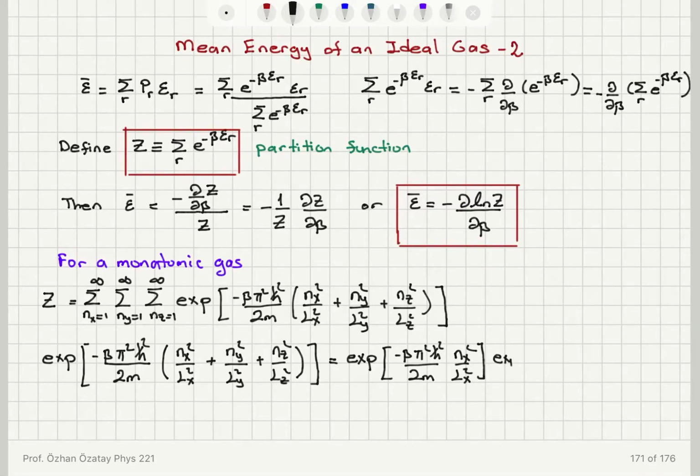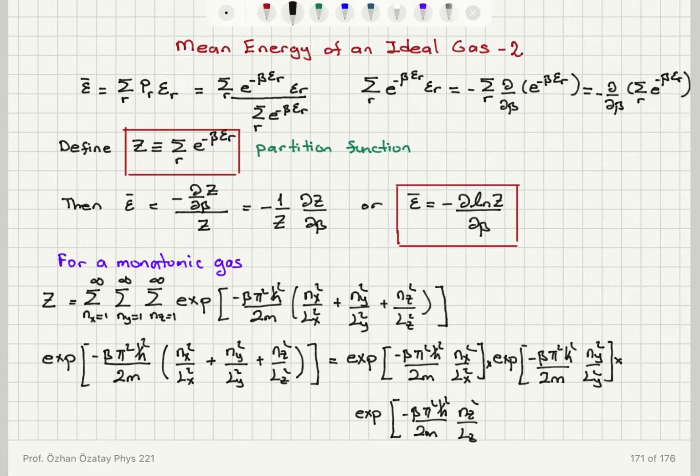Then I would have the exponential of minus beta pi squared h bar squared divided by 2m times ny squared divided by ly squared. And then the third term, the exponential of minus beta pi squared h bar squared divided by 2m times nz squared divided by lz squared. So this is a product of three exponentials.